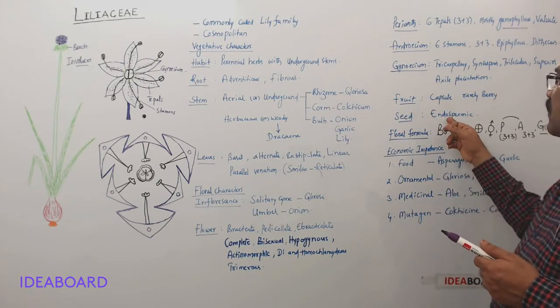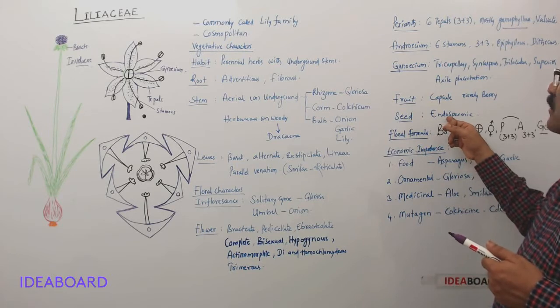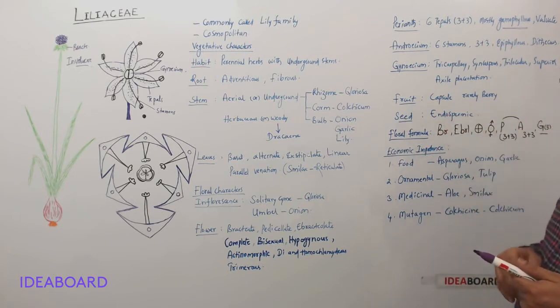This is a general character of monocots. In monocots, generally the seeds are endospermic.